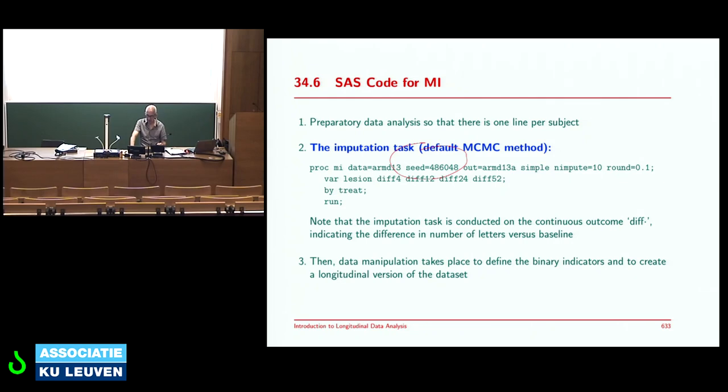The seed serves several purposes. It makes sure that if I run this program and I run it again and again and again, I always generate the same 10 imputations. If there is no seed, there will be an initiation of the random number generator, because after all, we draw from a distribution. That's a random number drawing process, which means that it's stochastic, like MCMC, Gibbs sampling, like bootstrap.